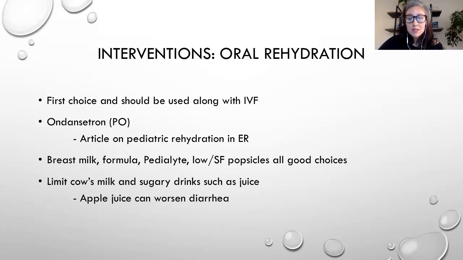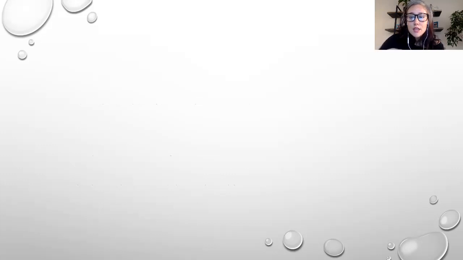They're unable to keep it down. But if we do half regular mixture and half Pedialyte mixed in, they may be more likely to keep it down. It's not as hard on their stomach, and we're keeping them rehydrated orally without having to do all of the IV fluids.